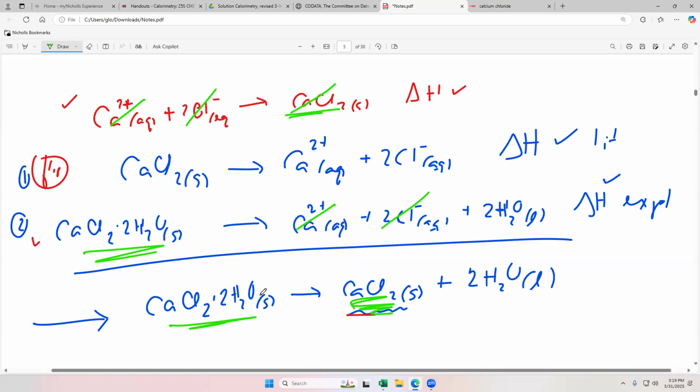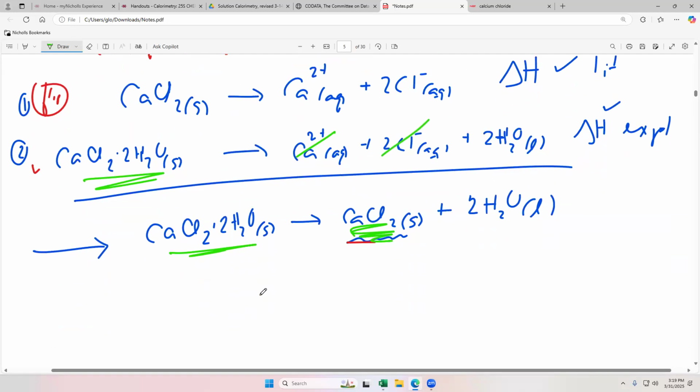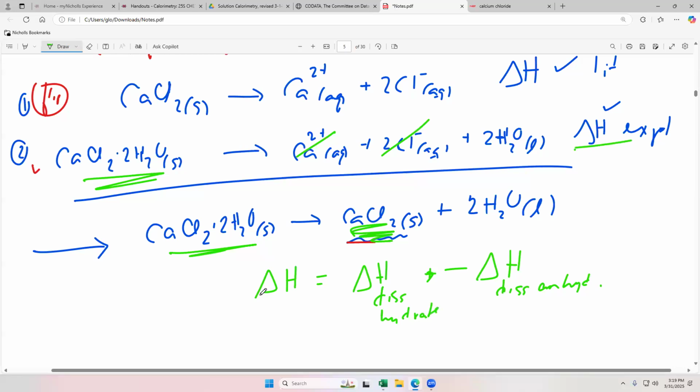Correct? So what we have here is the delta H for the dehydration is equal to the delta H experiment, which is the dissolution of the hydrate, minus, since you flip the other one, the delta H of the dissolution of the anhydrous compound, right?